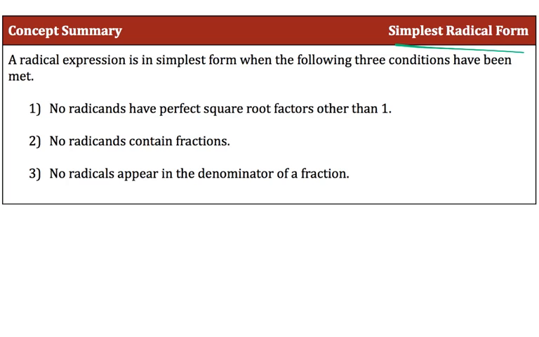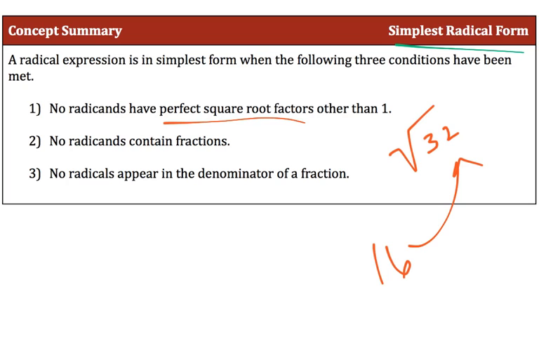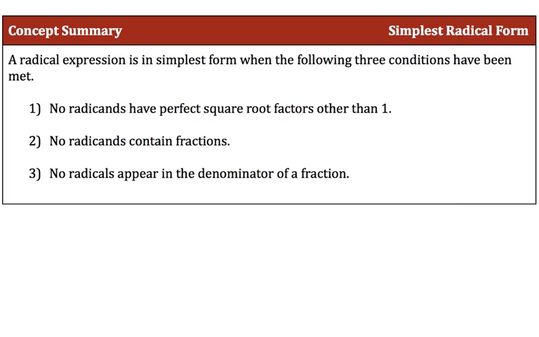Now what this means is that if I take the square root of 32, I know I'm not done, because 16, which is a perfect square factor of that, can get pulled out. However, if I had something like 10, I can't pull out 9 or 4. The only thing I could pull out would be 1, and that would do me no good.